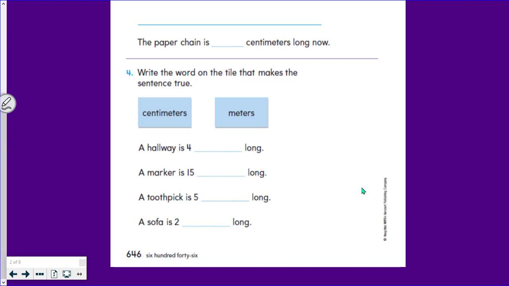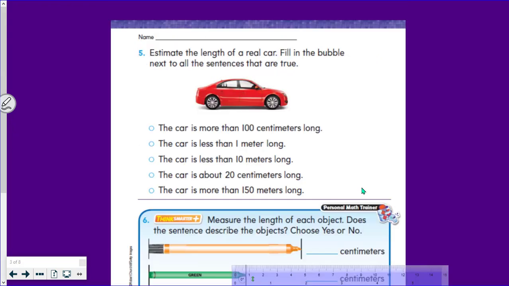All right, let's go to the next page, to 647. Number 1 says, estimate the length of a real car, fill in the bubble next to all. Remember that word all is important. That means there's probably more than one right answer. The sentences that are true. So thinking about a car. The car is more than 100 centimeters long. If that's true, fill in the bubble.